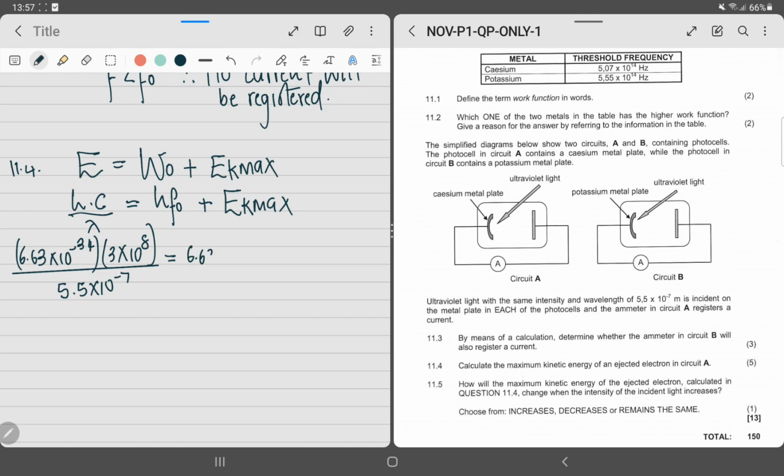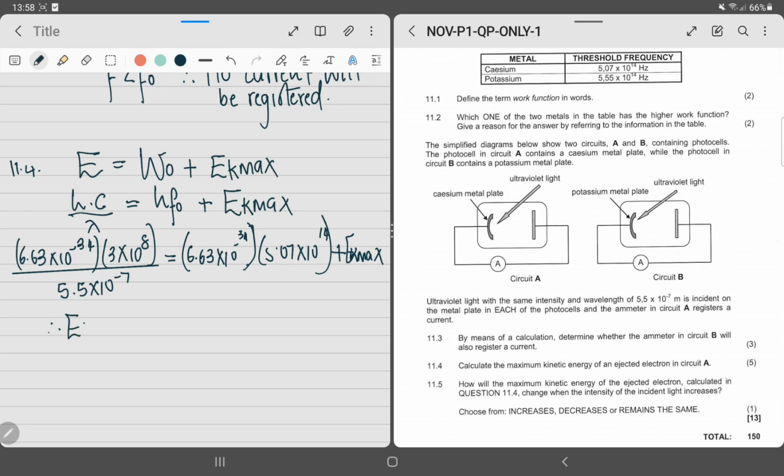This is 6.63 times 10 to the negative 34 and the threshold frequency of cesium is 5.07 times 10 to the exponent of 14, plus the EK max.